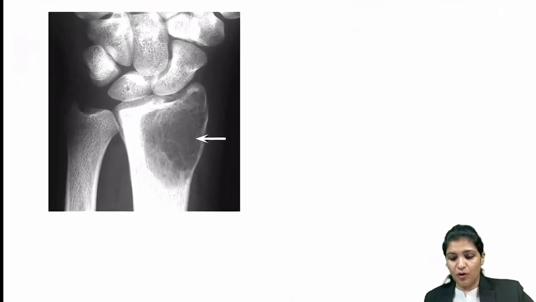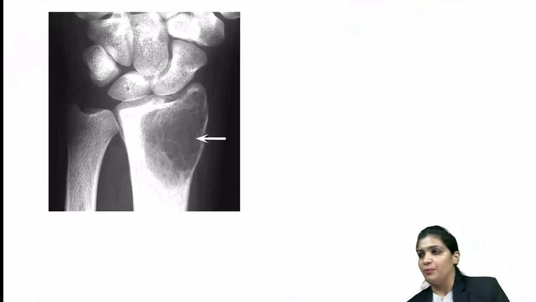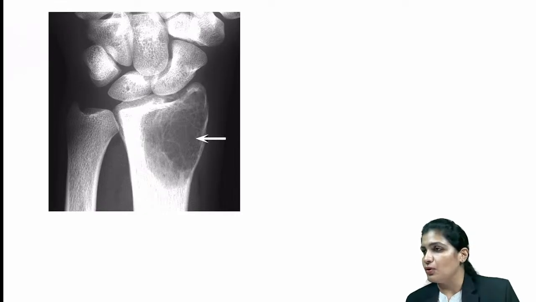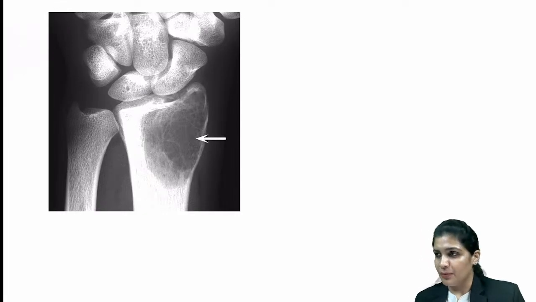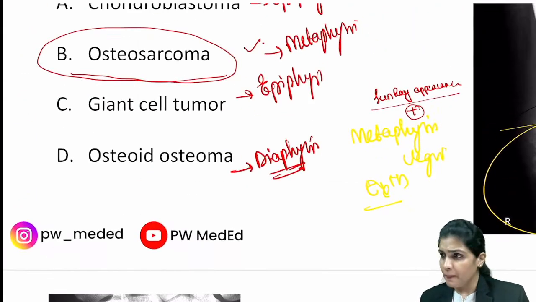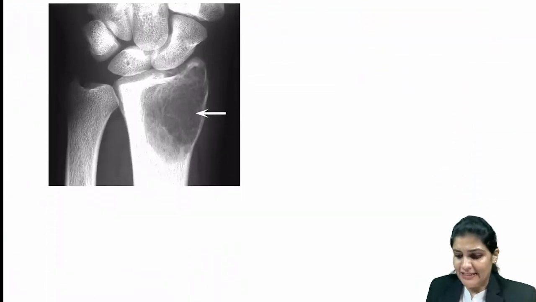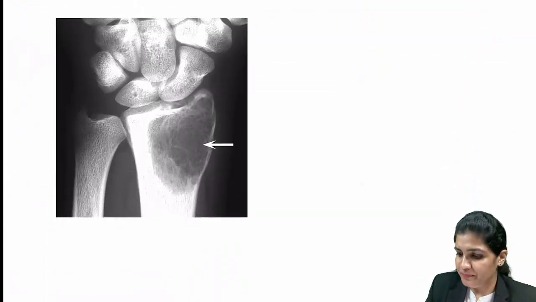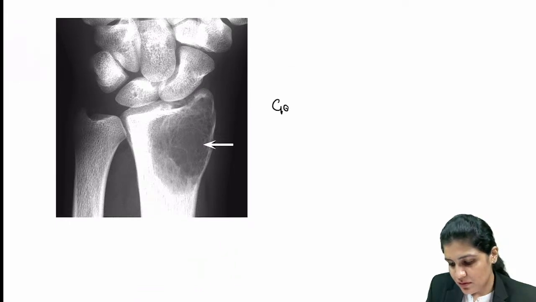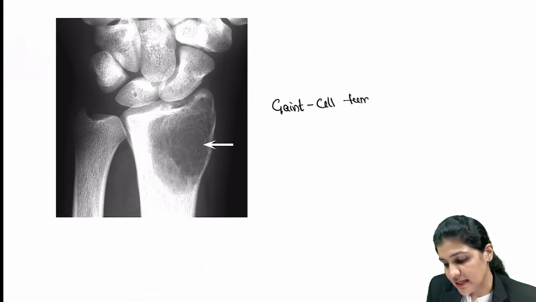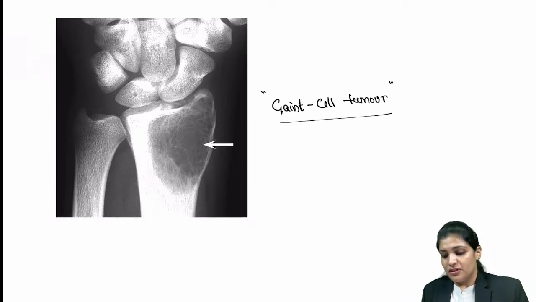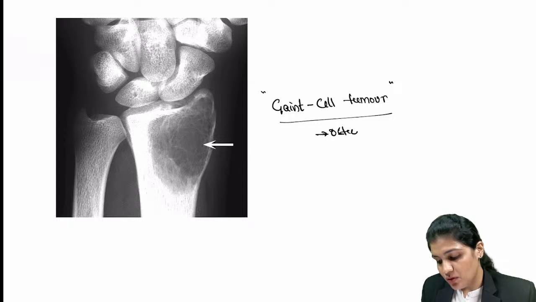And here I want to complete this session with a very important question, always. So a very important question, that is your giant cell tumor. So let's end the session with the giant cell tumor. This is also called the osteoclastoma.